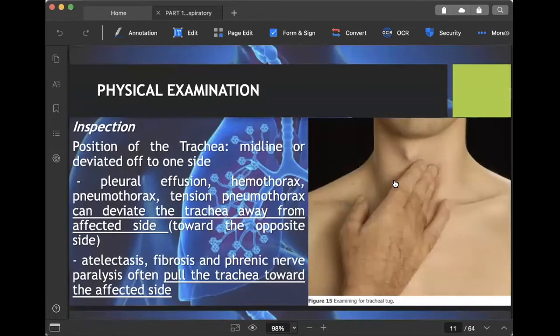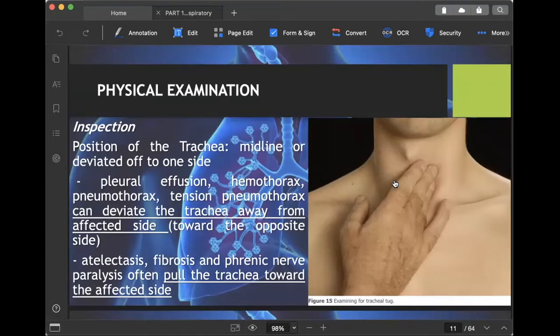For inspection, the position of the trachea: midline or deviated off to one side. Pleural effusion, hemothorax, pneumothorax, and tension pneumothorax can deviate the trachea away from the affected side toward the opposite side.